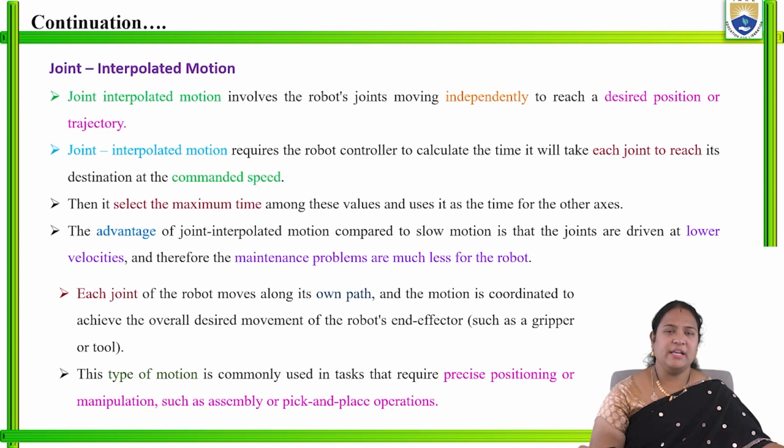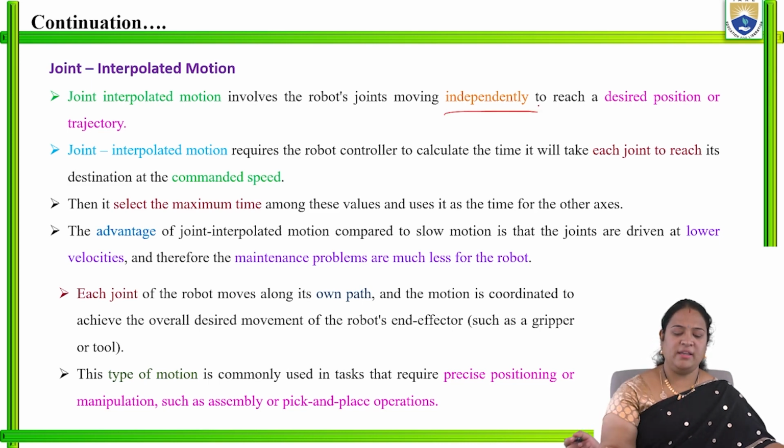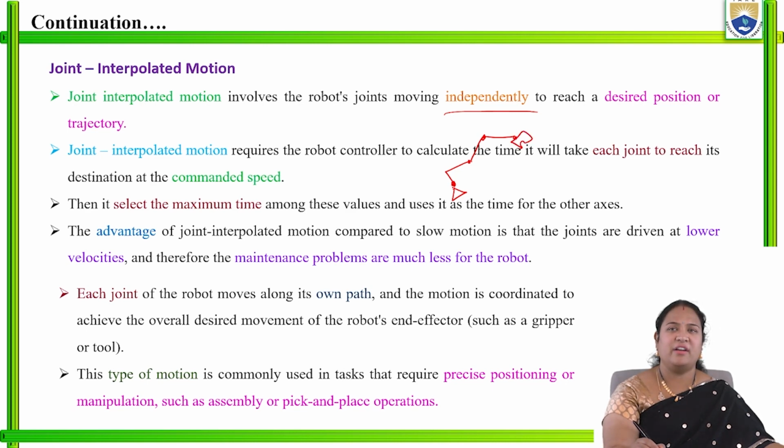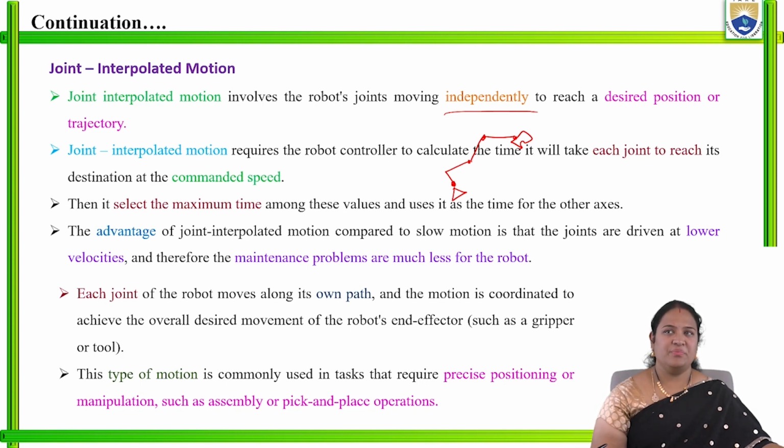Generally, the joint interpolation motion involves the robot joints moving independently. The robot joints will be moving in their own independent positions, where one joint is not dependent on the other, right?